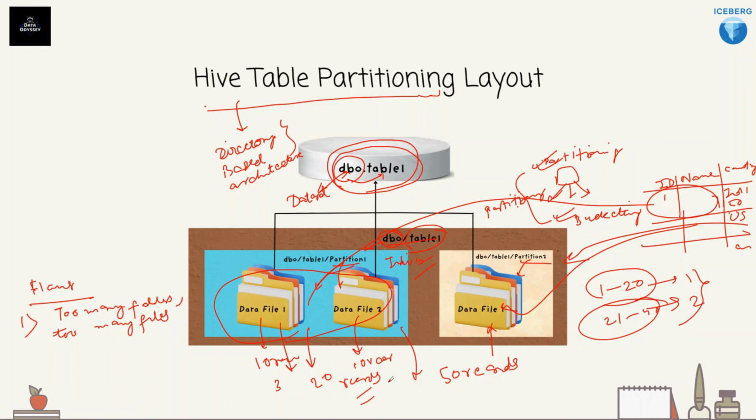That means it's a small file, it's not storing the number of records which it can store at its optimum level, at its maximum level. That means we are not utilizing the entire partition, and that leads to an issue called small files. Now, Apache Iceberg tried to resolve this issue using the concept called dynamic partitioning. What is dynamic partitioning? That we will understand in the next video, where we study the architecture of Apache Iceberg. All right, and that's the first issue.